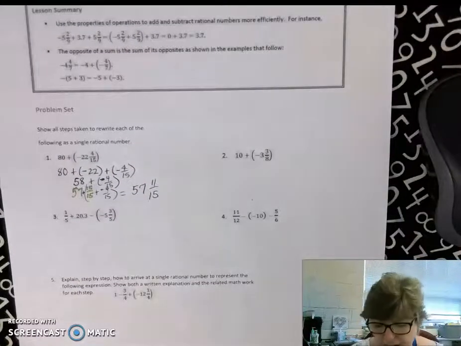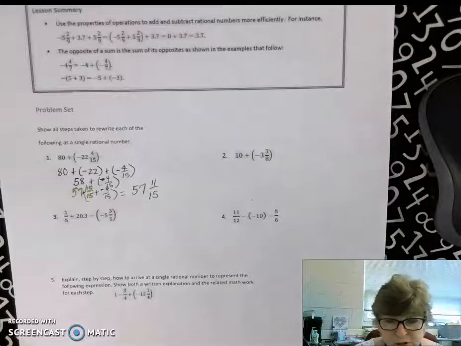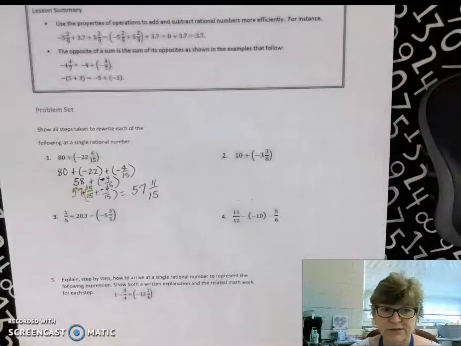Now I hope that you are actually writing and recording all these steps and that you're checking your work. If you used a calculator to find these answers, that is not going to get you through when we assess you and we test you on whether or not you understand the process.